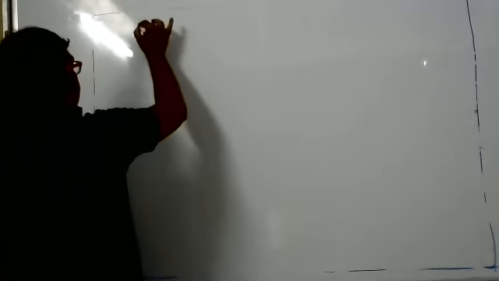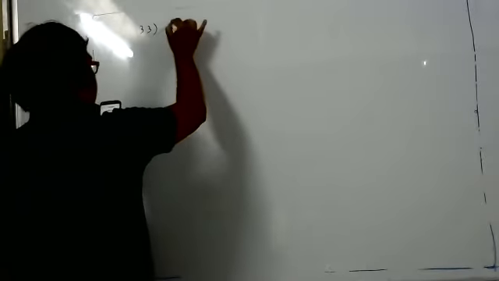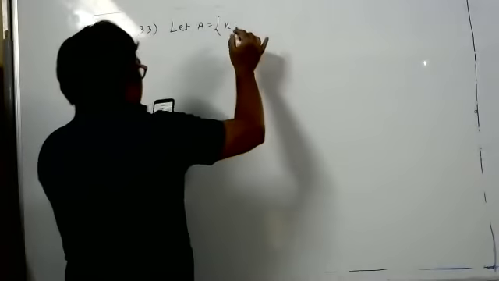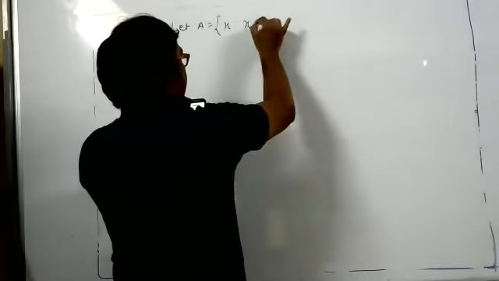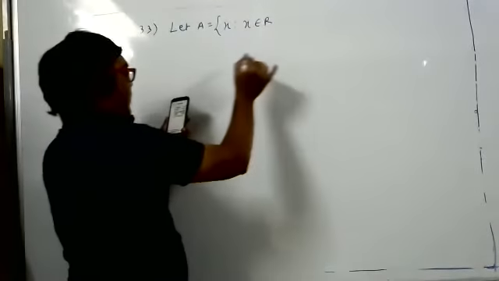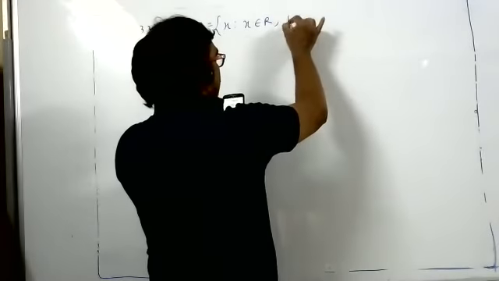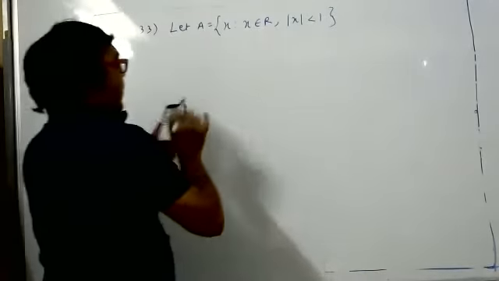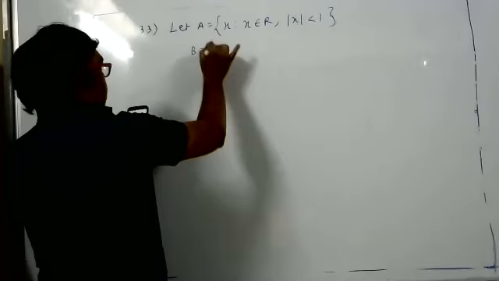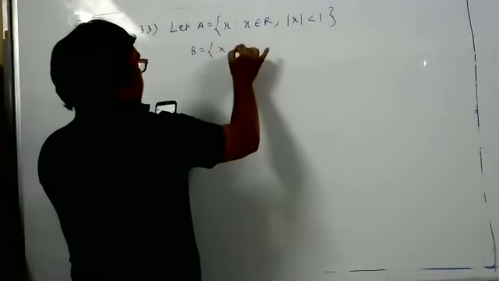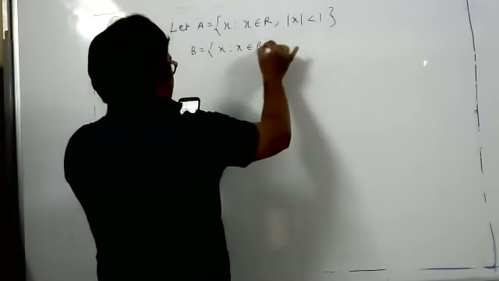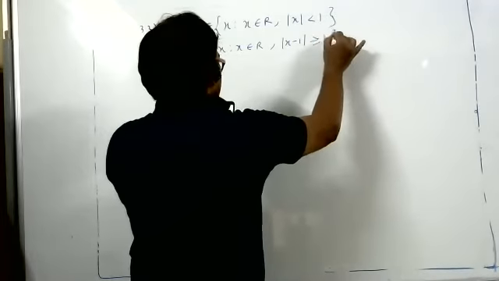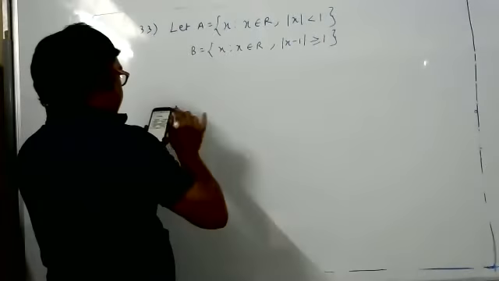Question number 33, level 2. Let set A is the collection of all X such that X is a real number, X belongs to R, and mod X is less than 1. Set B is X such that X belongs to real numbers, mod X minus 1 is greater than or equal to 1, and something else they give.